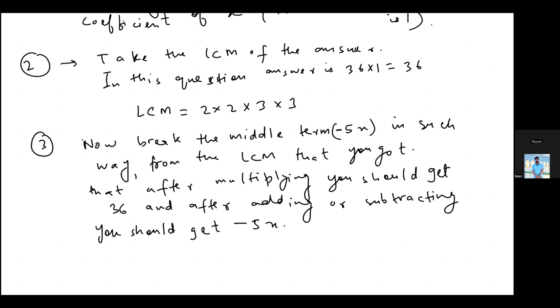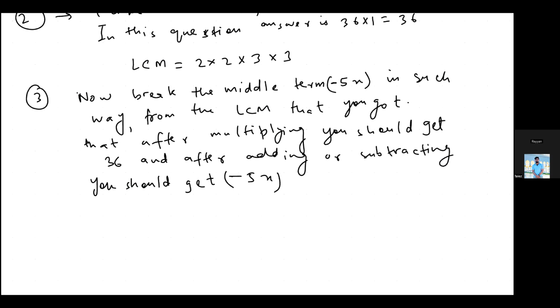So that would be x square minus 5x minus 36 equals to 0. So that will be x square plus 4x minus 9x minus 36 equals to 0.